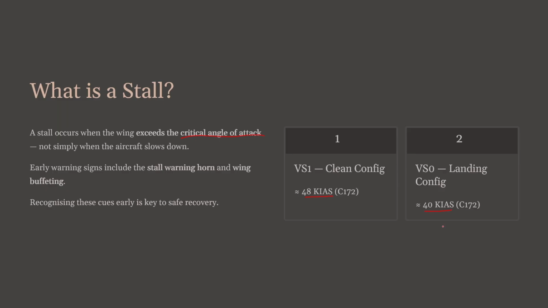As the airplane approaches these speeds, you may hear the stall warning horn and feel buffeting from the wings. If the angle of attack continues to increase beyond the critical angle, the wing can no longer produce enough lift, and the airplane enters a stall. Doesn't it make sense? Cool.